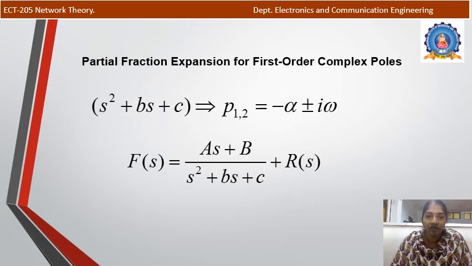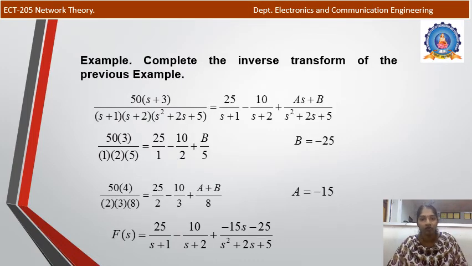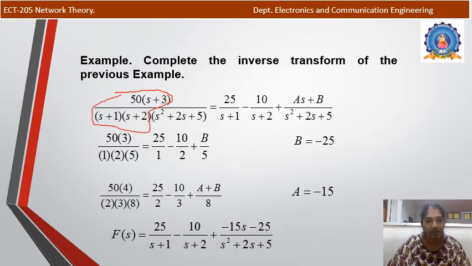After that, we will take F(s) equal to (as plus b) by (s square plus bs plus c). So similarly, here we do the partial fraction for this term only. For the other term, that is the second degree polynomial, we will use a partial fraction like this: a first order polynomial in the numerator divided by the second order polynomial.